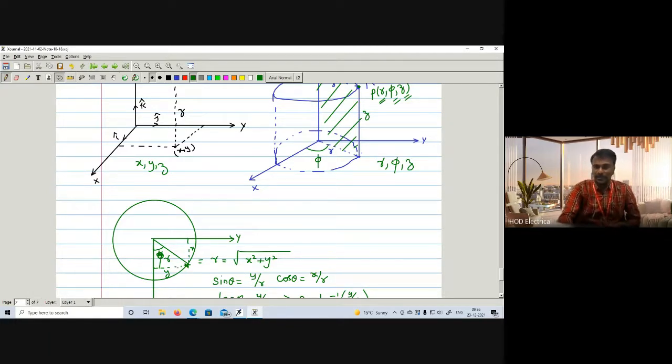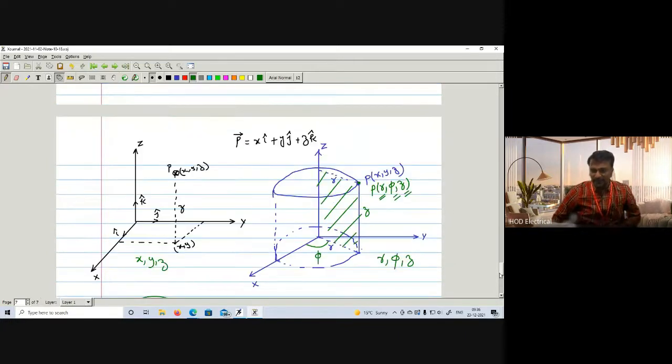Z is remaining. We cannot see this z in the top view, only the cylinder. Z is the height of the cylinder, so you can see it only in the side view. So to represent points of the polar coordinate system in three dimensions, the cylindrical coordinate system is very necessary.